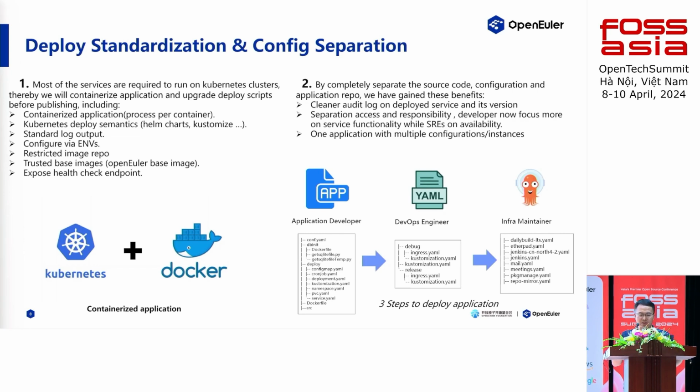Most infrastructure services of the openEuler community are deployed on the Kubernetes cluster, so services need to be containerized. Containerization brings us many benefits, such as easy migration between different clouds, easy tracking of every deployment change, and reduced deployment time and application recovery time.